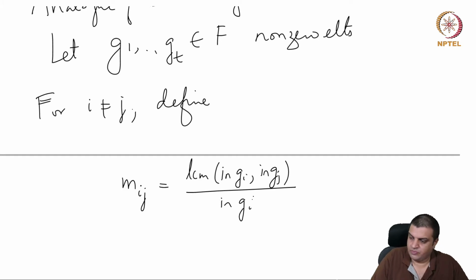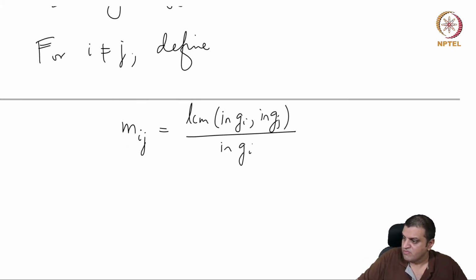So this is symmetric in i and j, the denominator has just Gi.